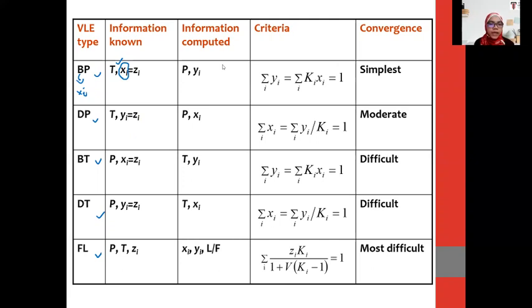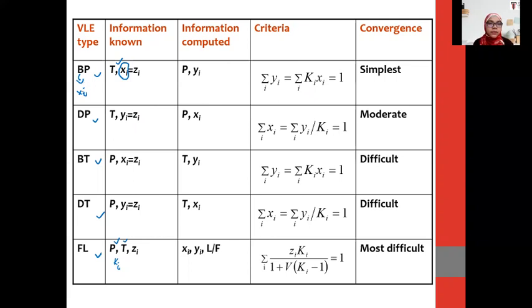Okay, for flash point or flash calculation, the known information should be pressure and temperature, because we need to find the K value. And then these are the lists depending on the type of the VLE problem, and then these are the criteria that you should fulfill.